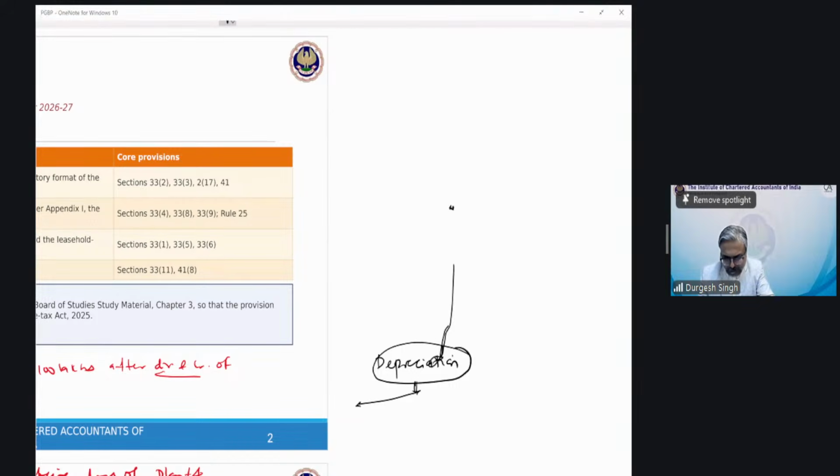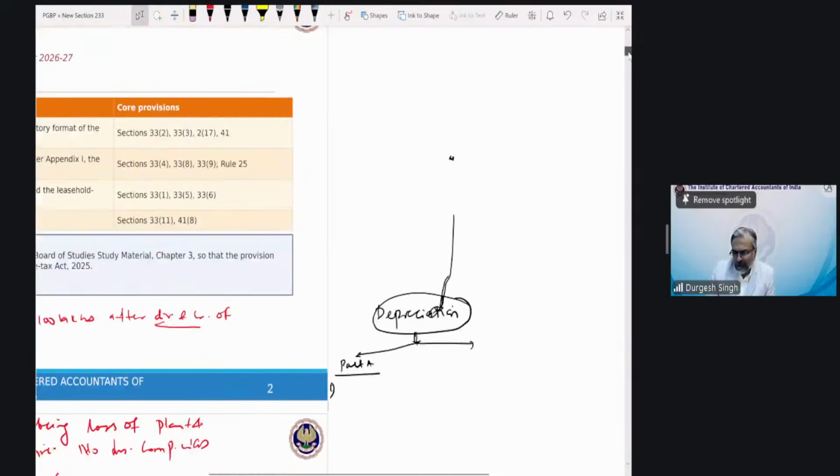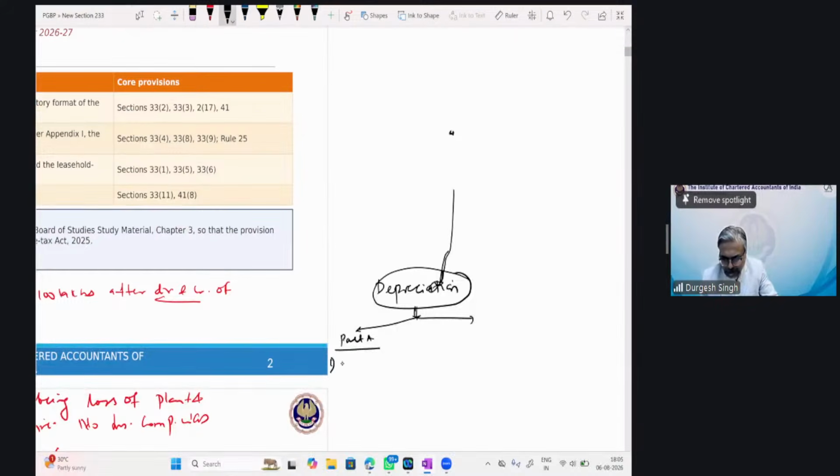Now, part A is all about what we are discussing right now on the depreciation allowance. Herein, the first is the basis of depreciation.